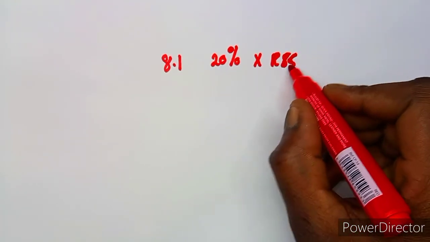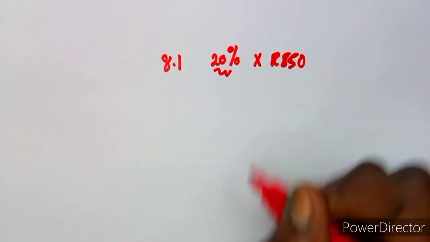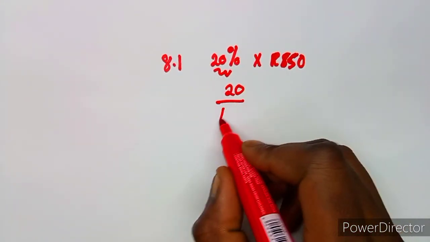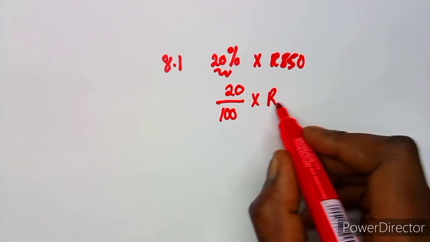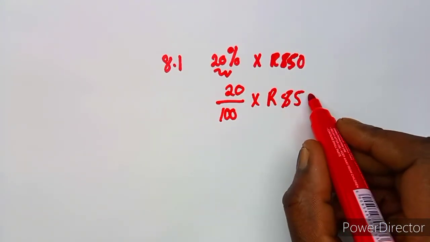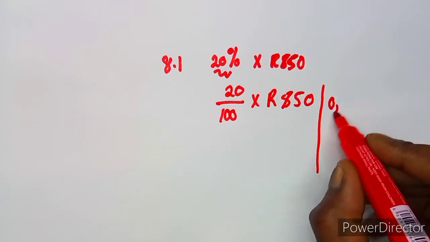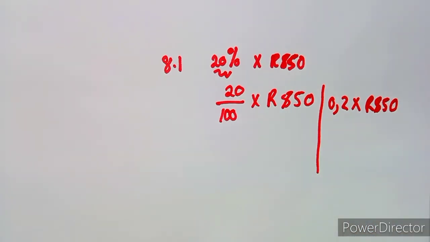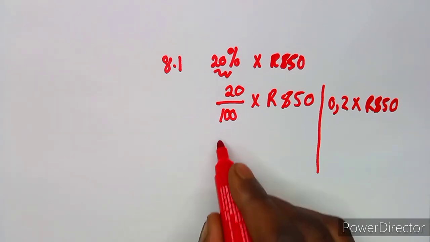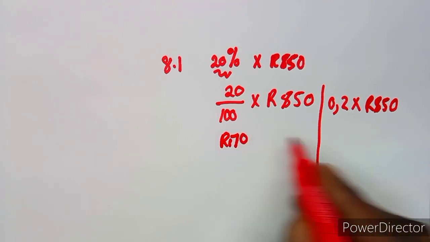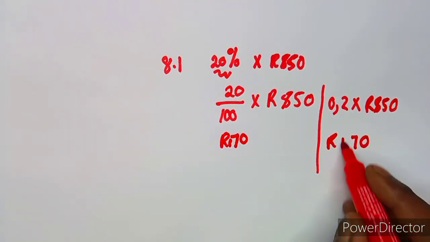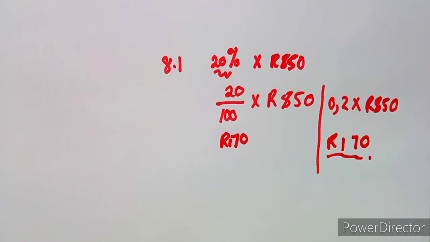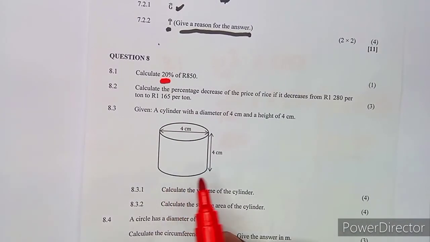So 20% is the same as 20 over 100 times 850 rand, or 0,2 times 850 rand. That is the concept there, guys. What we obtain from this is 170 rand. So that's how you calculate the percentage of a certain value. Okay.